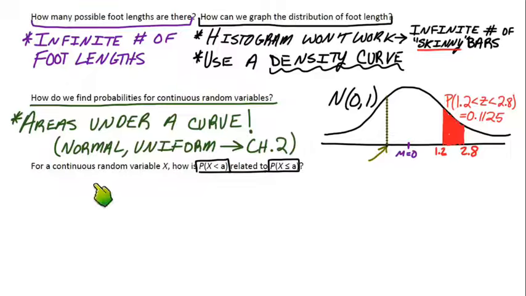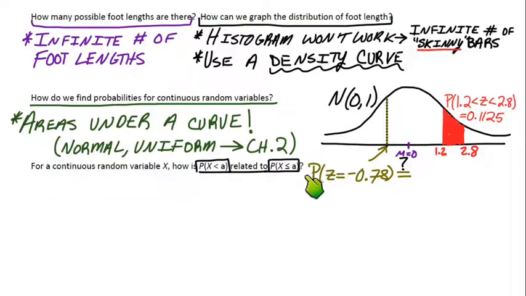So the next part here says, for a continuous random variable x, how is the probability that x is less than a number, let's say a, related to the probability that x is less than or equal to that same number? So let's say, for example, this z-score is negative 0.78.